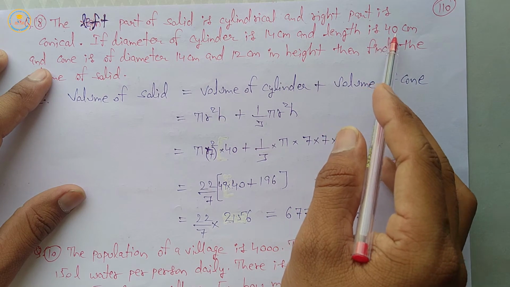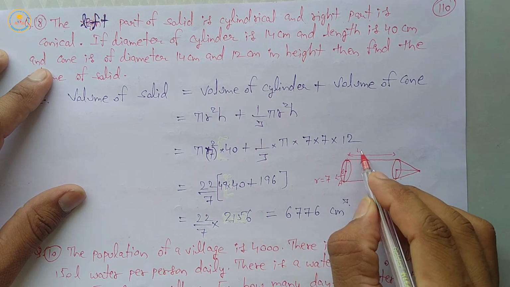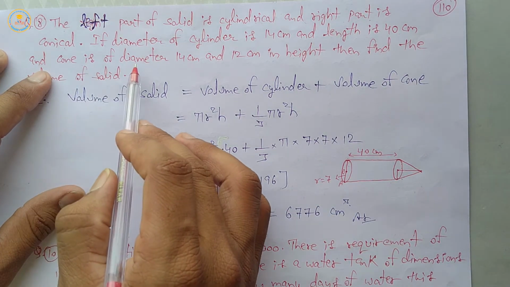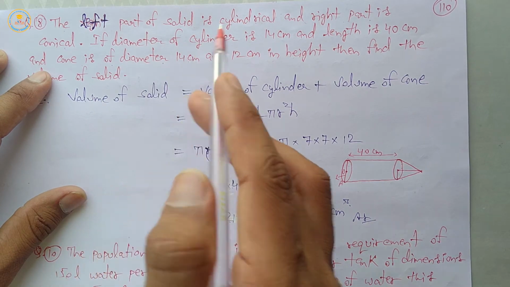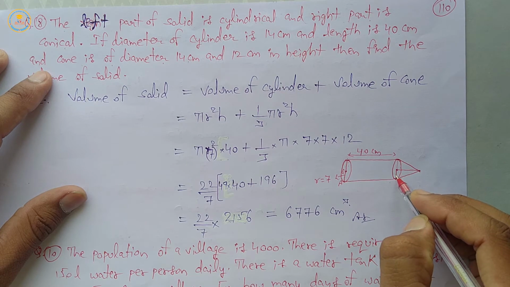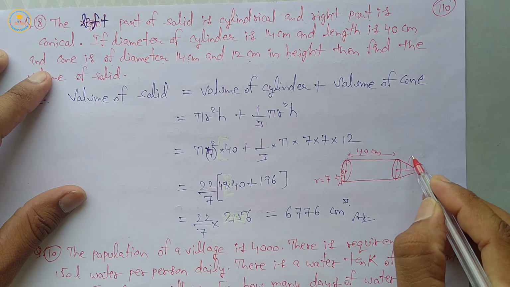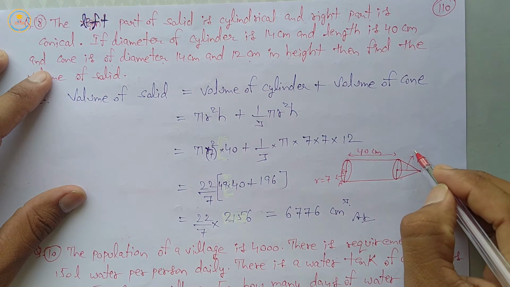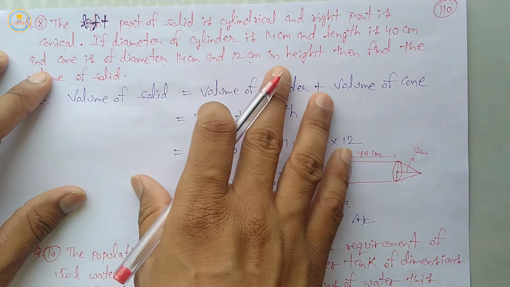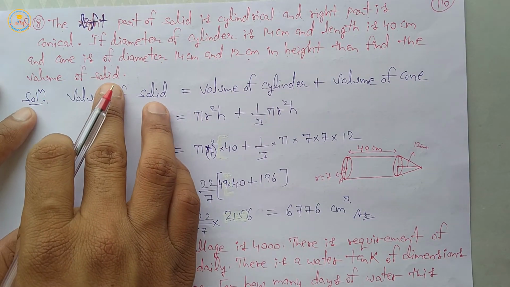Length means height is 40 centimeter. Okay, and cone is of diameter 14, so radius is also 7, and height of cone is this part, 12 centimeter. Okay, now then find the volume of a solid.